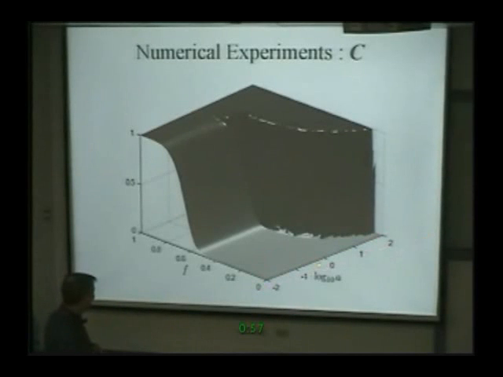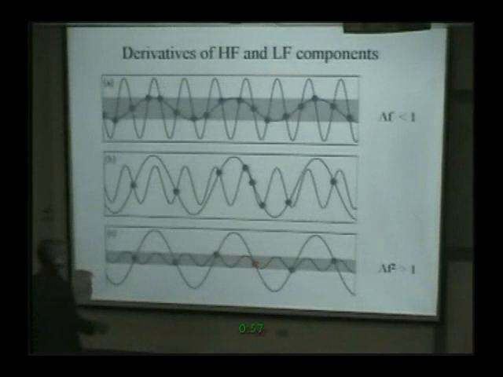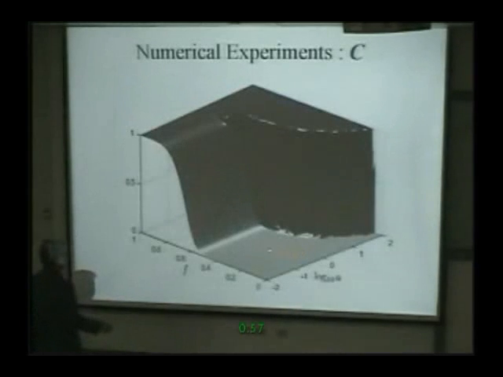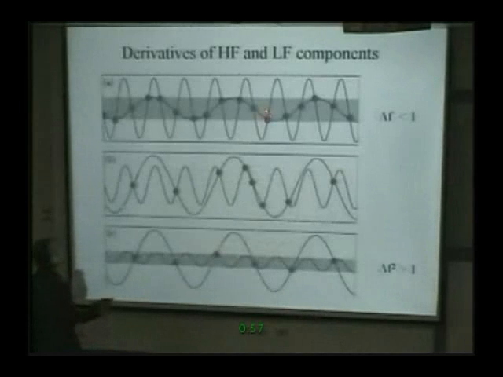In this range, the low frequency component is very, very strong, equivalent to this case. On this end, the low frequency is not very strong, equivalent to this case, so the high frequency peaks are all clearly visible.